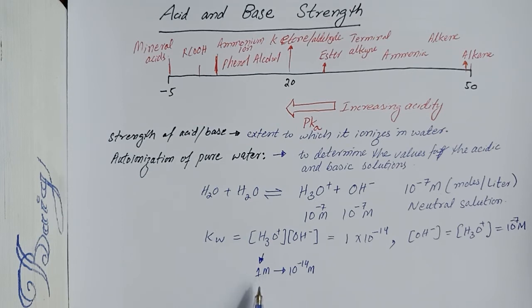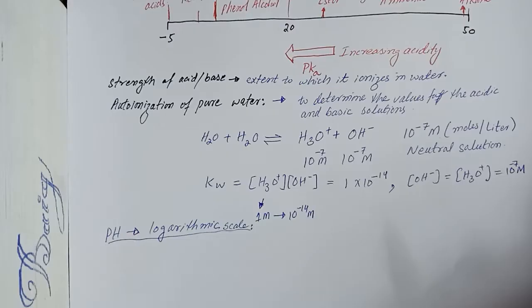So for this purpose, a logarithmic scale is used, which is known as pH. pH is actually a logarithmic scale, and the pH value gives the concentration of hydronium ion within a solution. Therefore, measuring the pH of a solution is a means of quantifying the acidity of the solution.